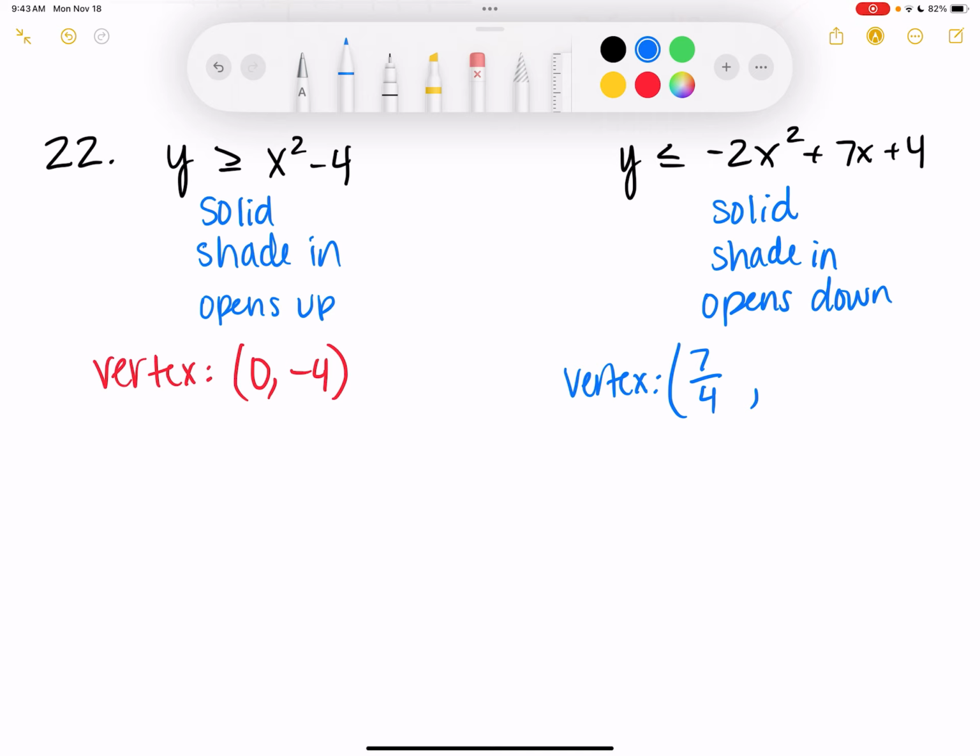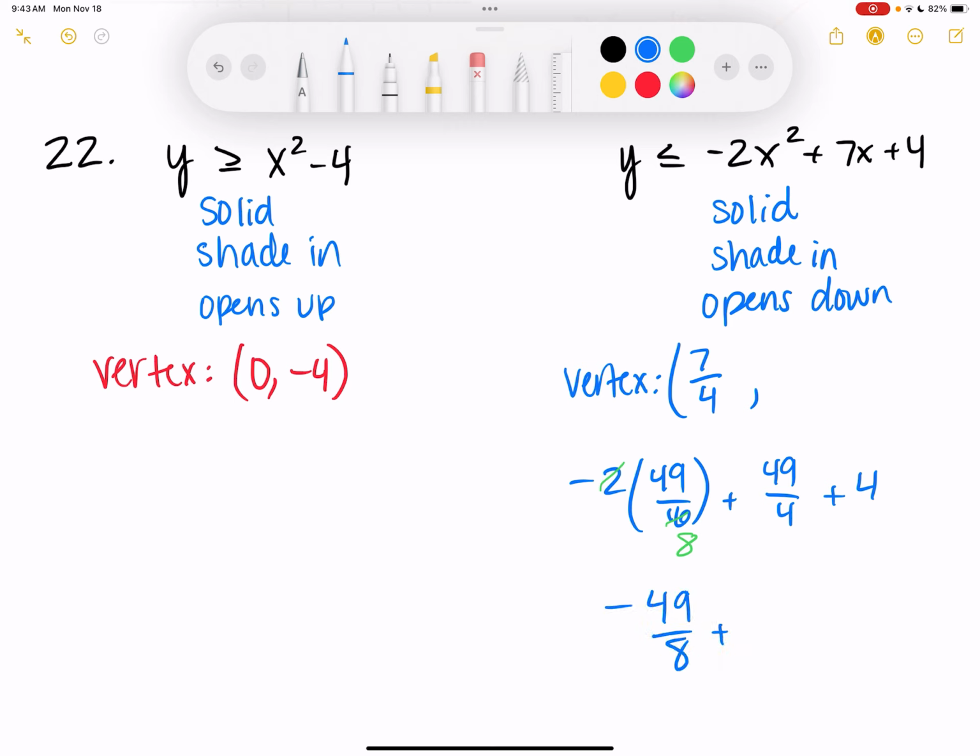So it's 49 over 16 times negative 2, which is negative 49 over 8. And then we get 7 times 7 over 4, which is 49 over 4. And then we get a plus 4.